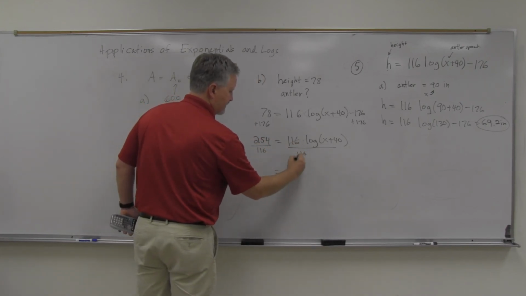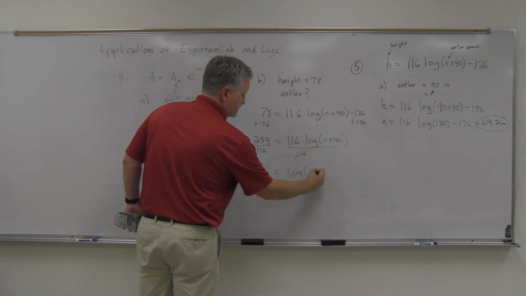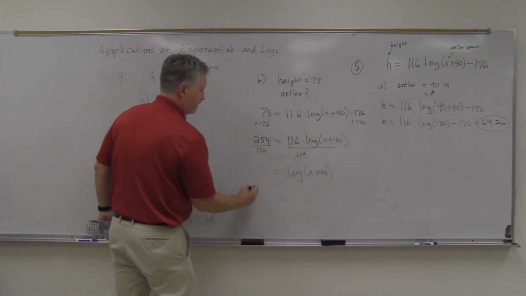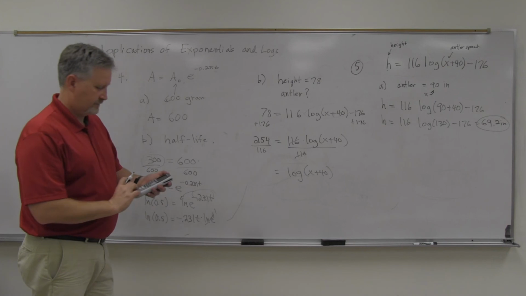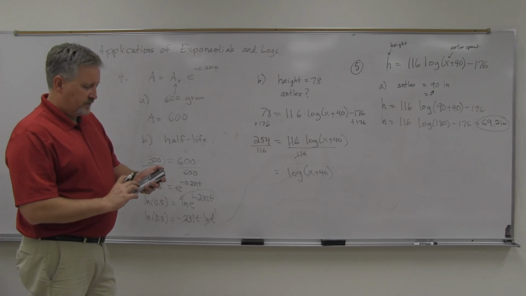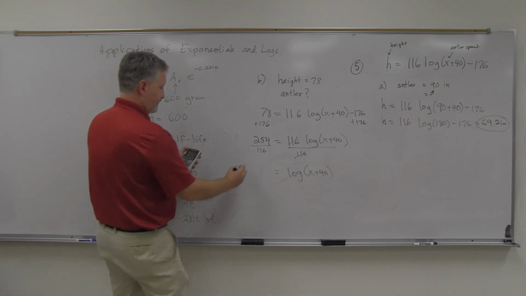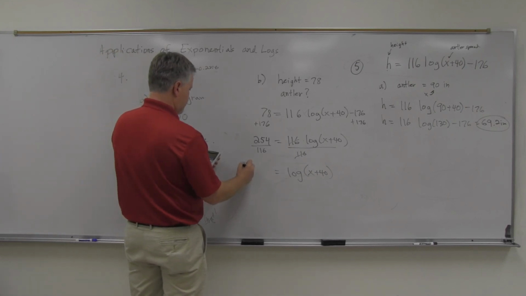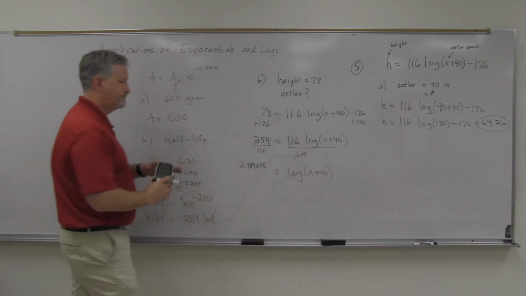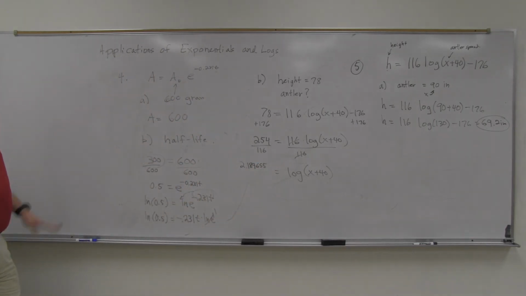Now to get rid of the numbers around the log there: 2.189655. And again, I wouldn't round off too much here. I'd probably go at least 5 places. Let's go 5. If you have to round, don't round off too much.